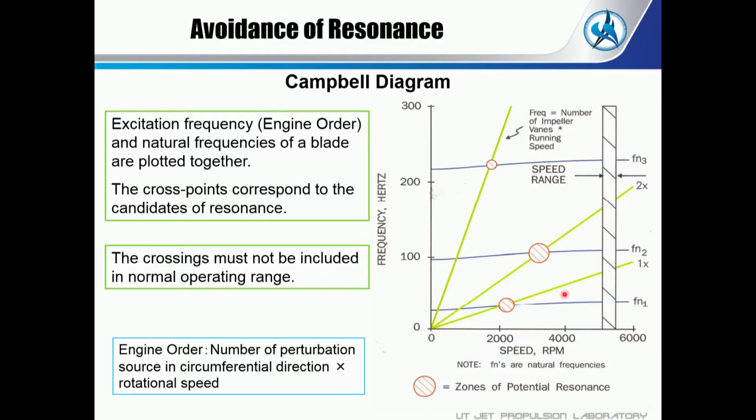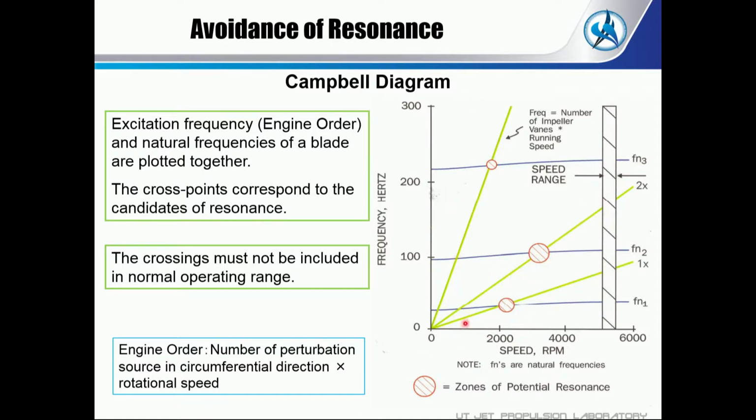So the downstream blade experiences the excitation one time per cycle. That is engine order 1. And engine order 2, or if we have 100 stator blades, we have engine order 100. This is proportional to the shaft speed.